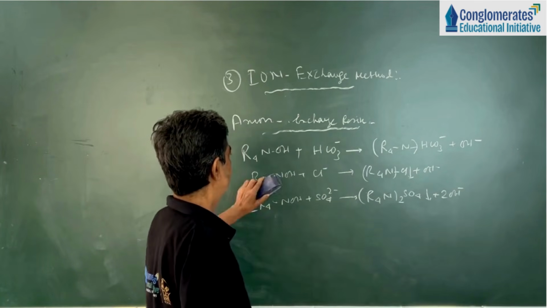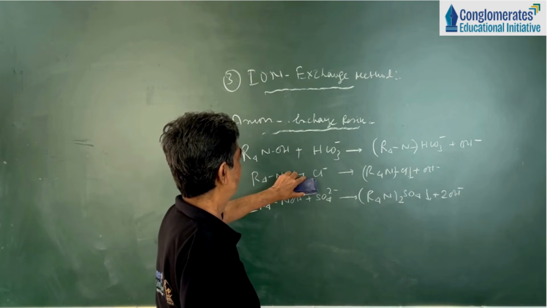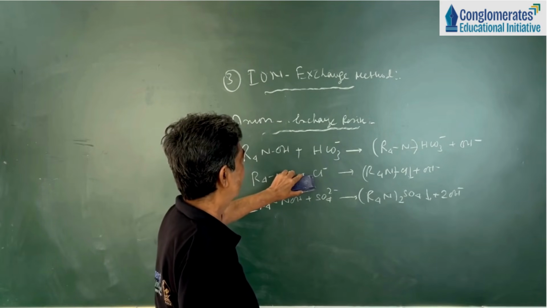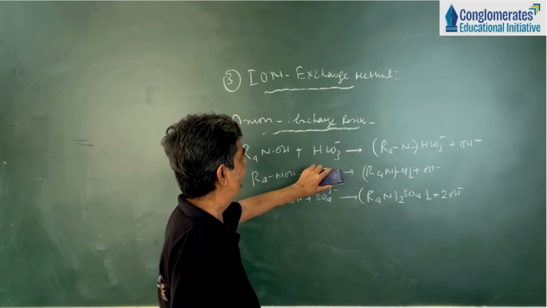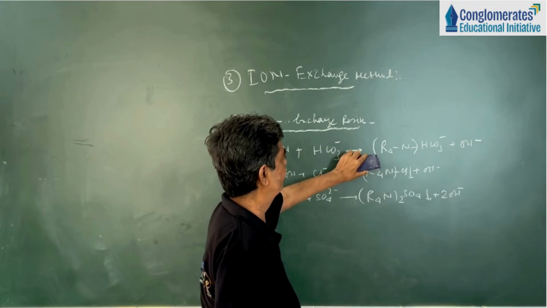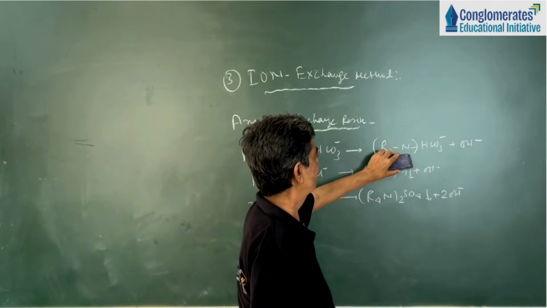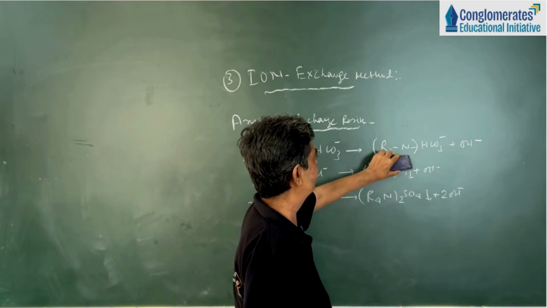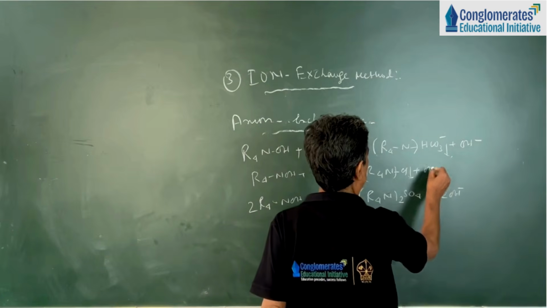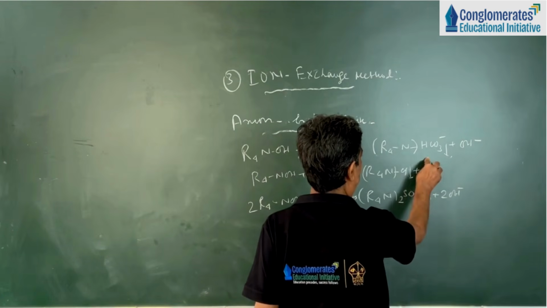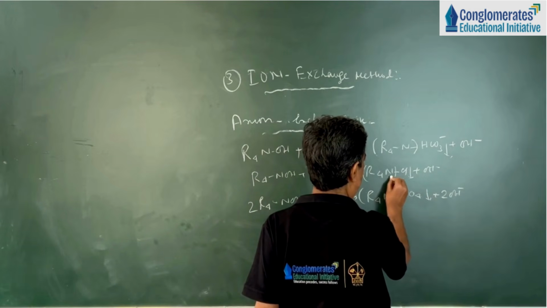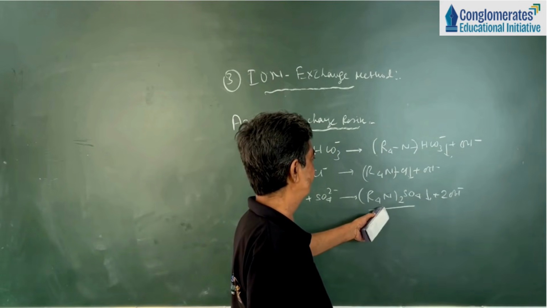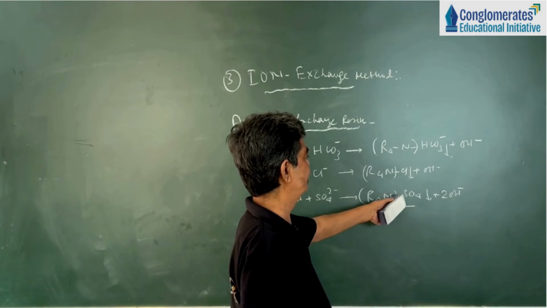Now you see that soluble bicarbonate, chloride and sulfate ions, those ions which are in soluble state in hard water, are removed as insoluble deposits. Bicarbonate is deposited as its R4N compound, chloride is deposited as R4NCl, and sulfate SO4 2 minus is deposited as (R4N)2SO4.